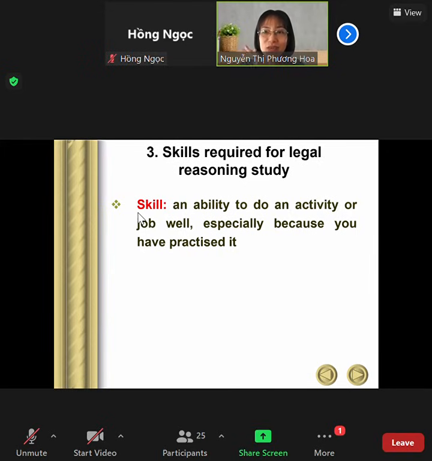Language skills include listening capacity, reading capacity, writing capacity and speaking capacity as well. When we talk about language skills, it includes four subcategories. Reading and writing are extremely important for lawyers. Later on, we will discuss it.